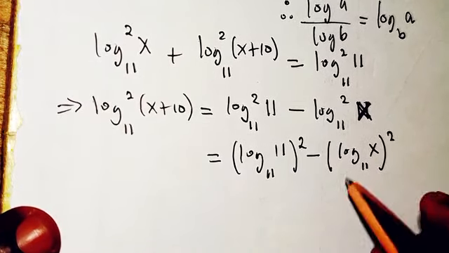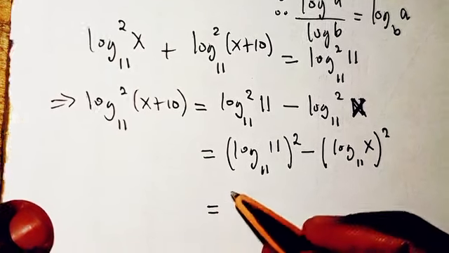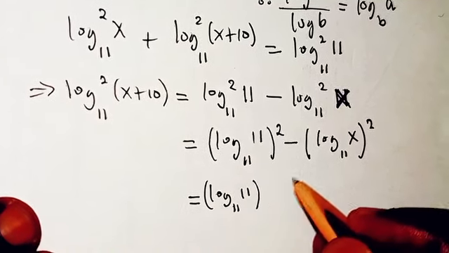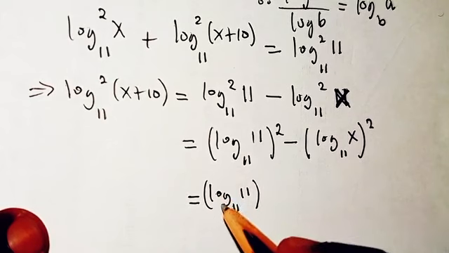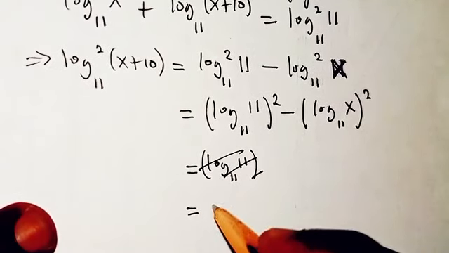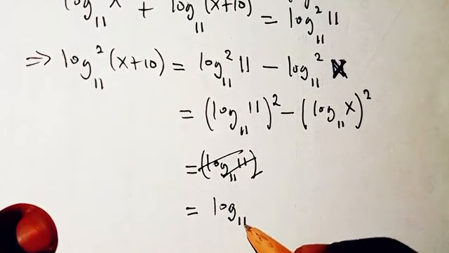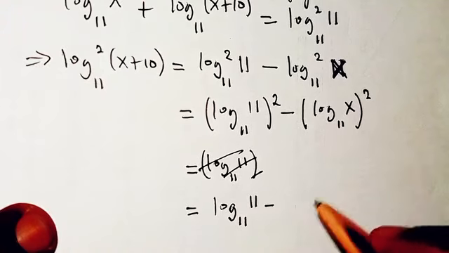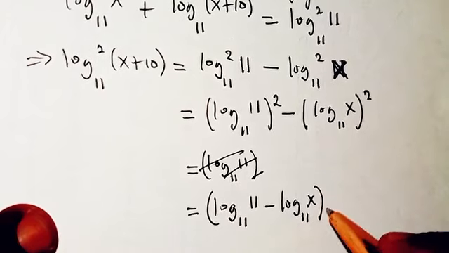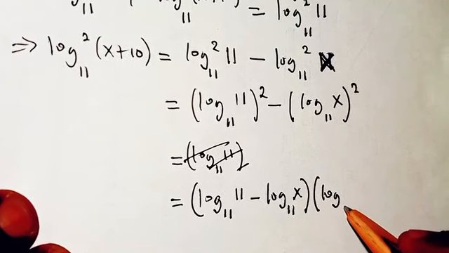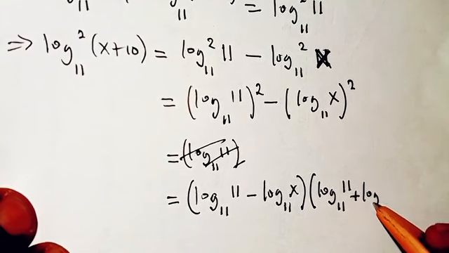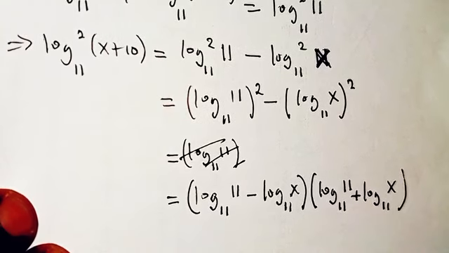So using difference of two squares, we're going to have this to be log base 11 of 11 minus log base 11 of x, multiplied by log base 11 of 11 plus log base 11 of x.